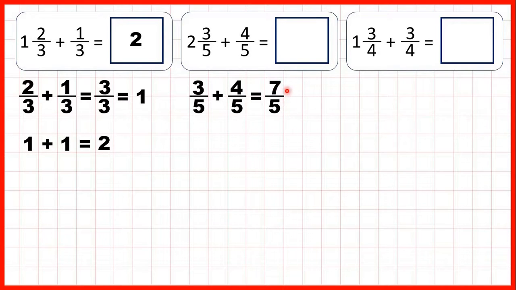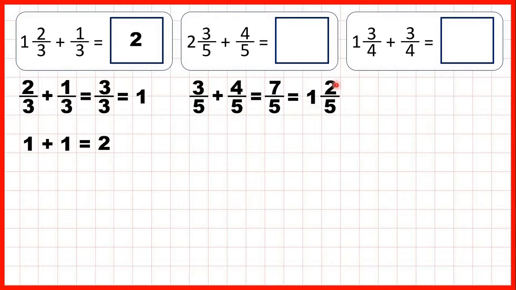So we need to turn those 7/5 back into a mixed number. 7 divided by 5 is 1 remainder 2. So as a mixed number, 7/5 is 1 2/5. Because 1 times 5 is 5, plus 2 is 7, and that's the numerator of our improper fraction.